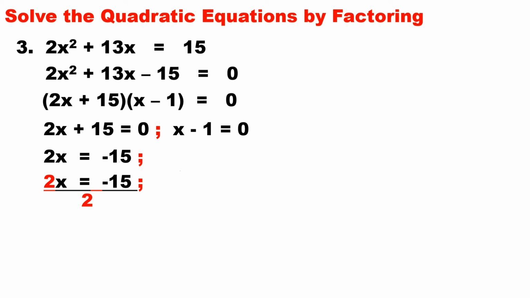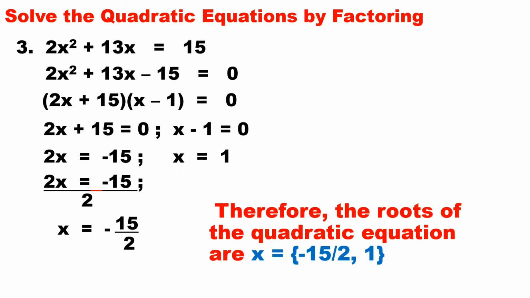Divide both sides by 2, x equals negative 15 over 2. Transpose negative 1 to positive 1 on the right. So x equals 1. Therefore, the roots of the quadratic equation are x equals negative 15 over 2 and 1.